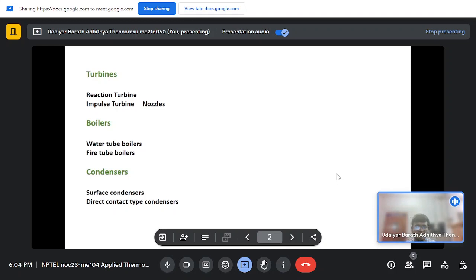One is a direct contact. The fluids will come in contact, they are mixed. In surface, they will be separated by a surface. So that's the major difference between the two. If you see in direct contact types, the water which you are mixing with the steam has to be pure.